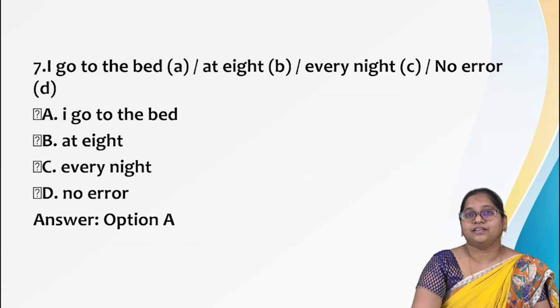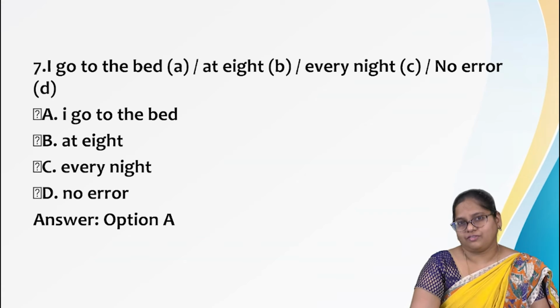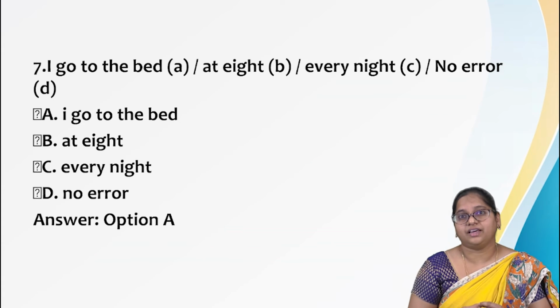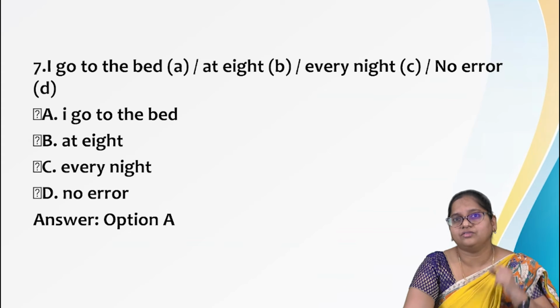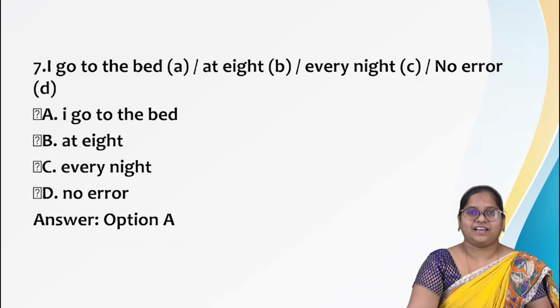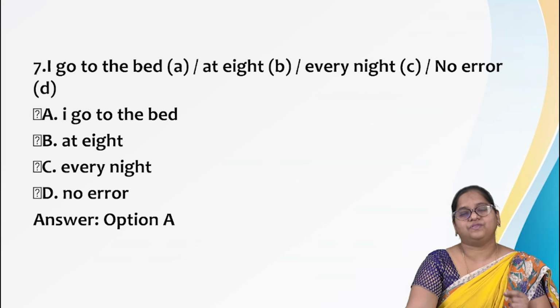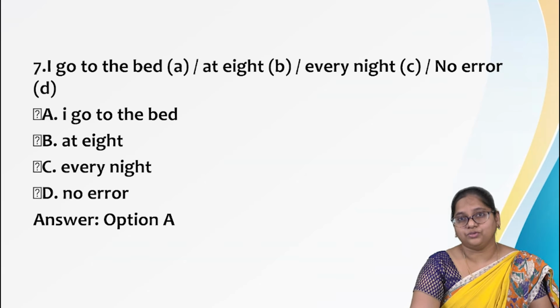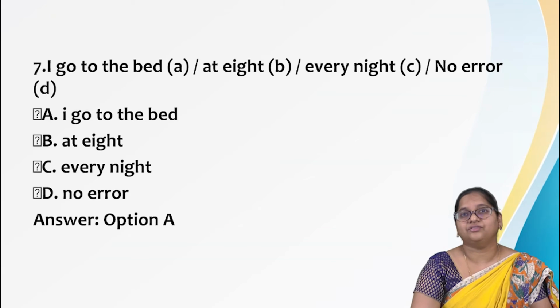No error. So when I say I go to the bed, what's wrong there? There should be one mistake there. Now let's look into the options. "I go to the bed at 8 every night." No error. So generally we say, I go to bed at 8 o'clock every night.